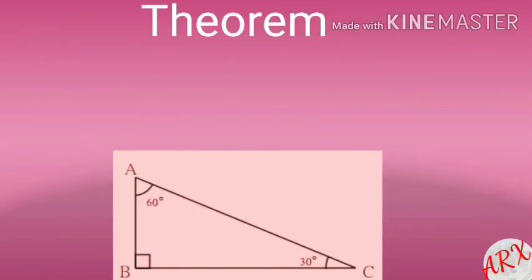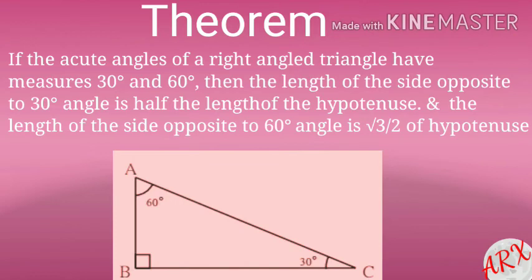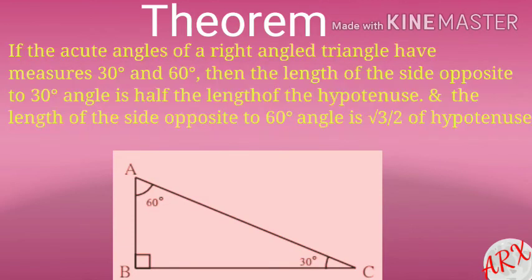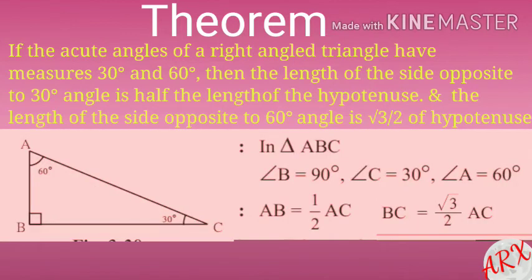Now we will move on to the next theorem, that is the 30, 60, 90 degree theorem of triangle. If the acute angles of a right angle triangle have measures 30 degrees and 60 degrees, then the length of the side opposite to the 30 degree angle is half the length of the hypotenuse, and the length of the side opposite to the 60 degree angle is √3/2 of the hypotenuse.